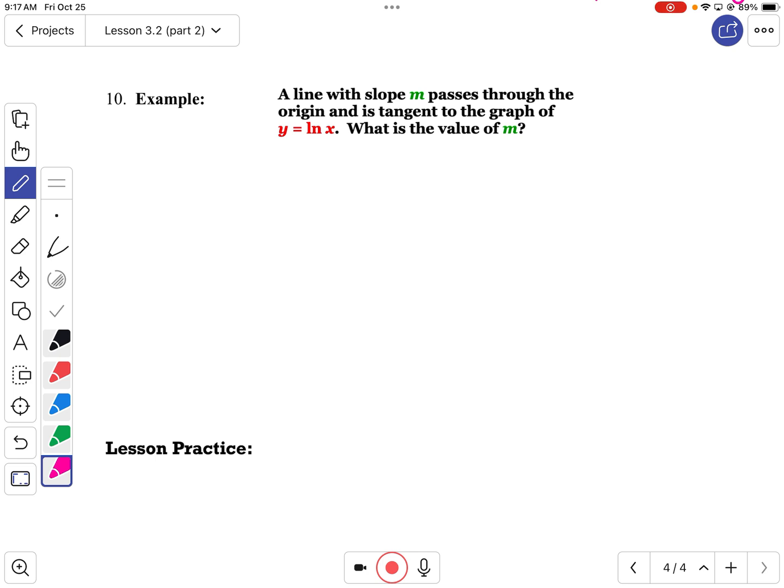So let's just walk through what they're telling me. The function y is natural log of x, and natural log of x graphs to look something like this. So this is y equals natural log of x. There is some point on that graph.